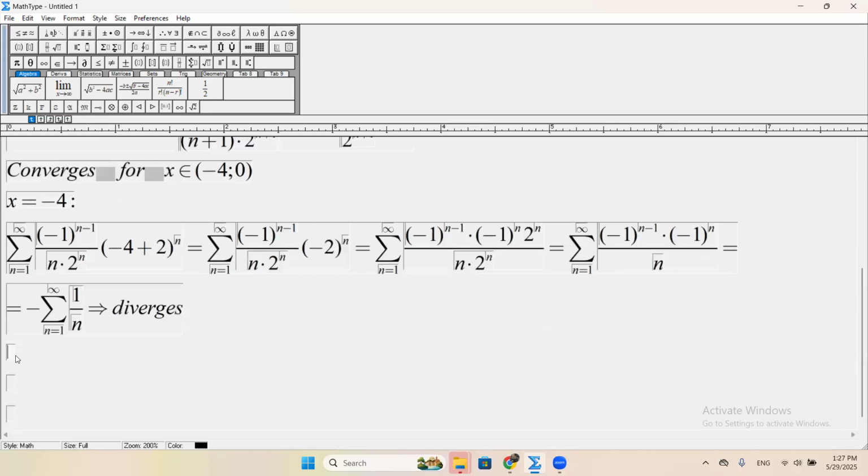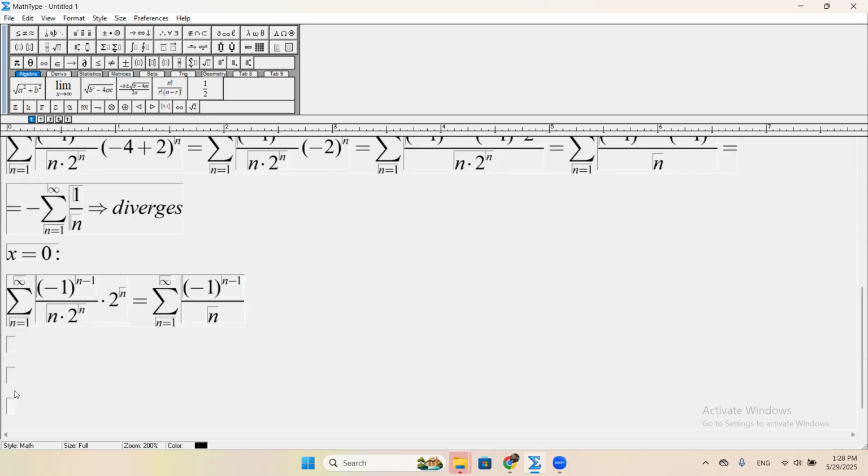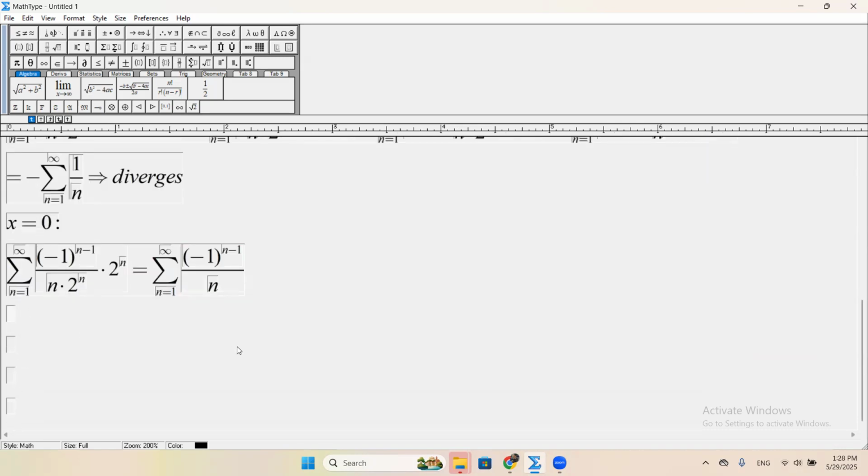And what about the other endpoint? If I substitute 0, I have here 2 in power of n, and it will be equal to minus 1 in power of n minus 1 divided by n. And this is the alternating series. So let's use the Leibniz test for it.